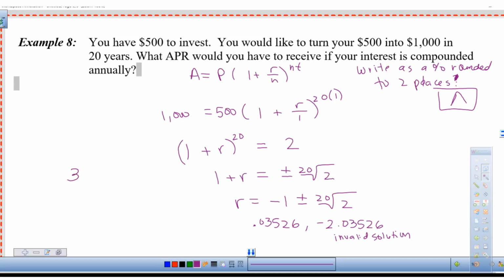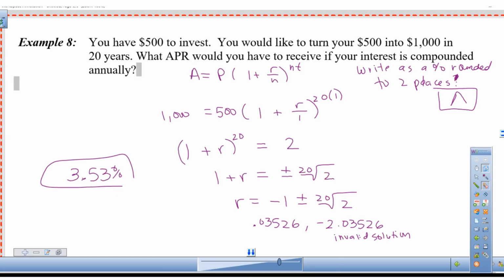So it would be 3.53%, and that's your answer. How easy would it be to check? Really easy. Store it in, put it in, oops, I didn't mean to erase. Put it in right here. Make sure that you get a 2, and you got it. Or you could plug it in here and make sure you get 1,000, either one, okay?